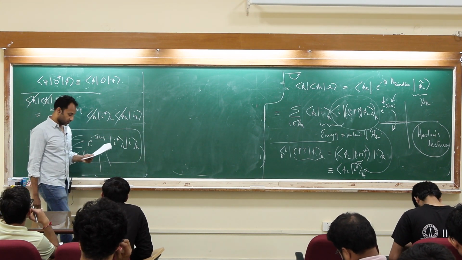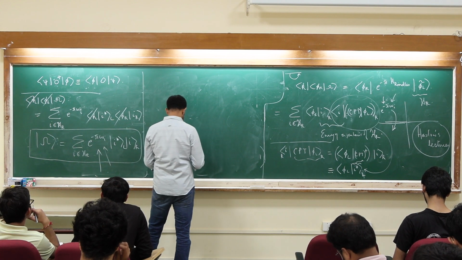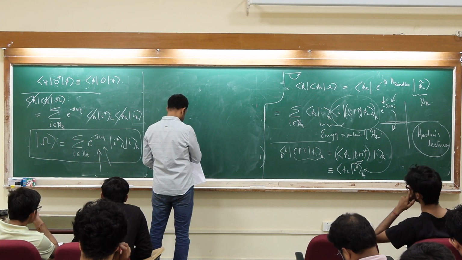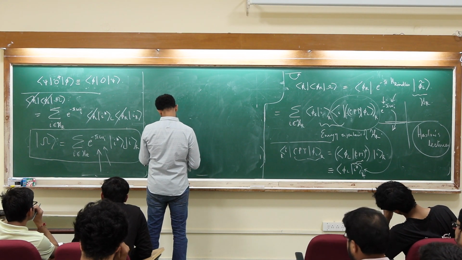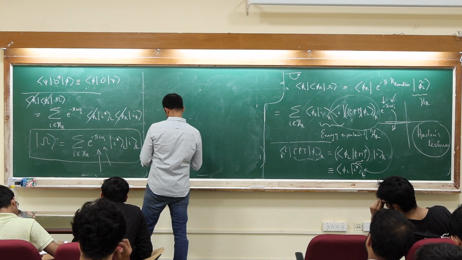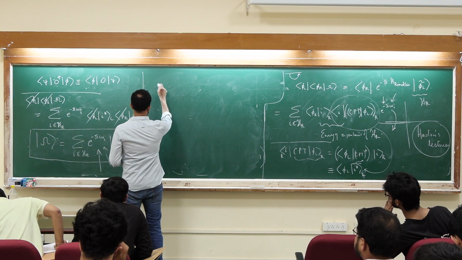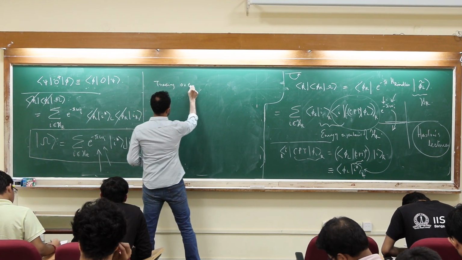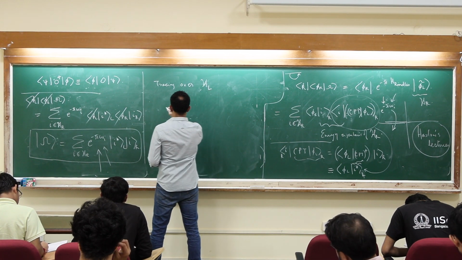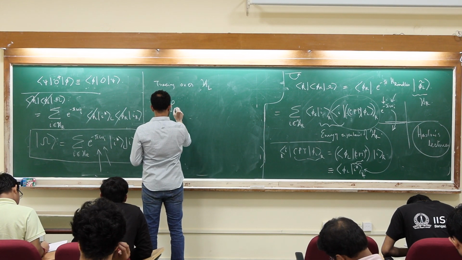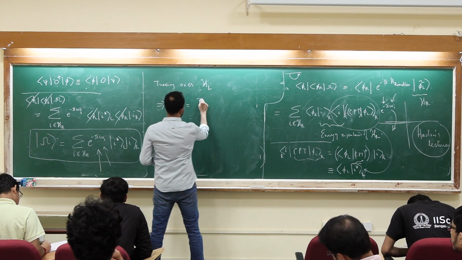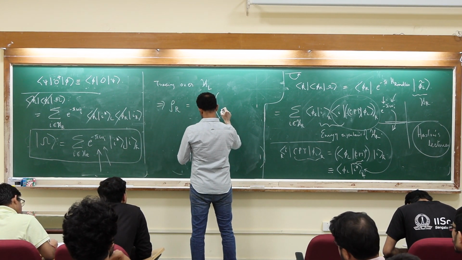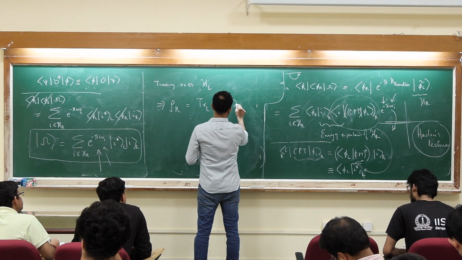So now what I can do is write it this way. Tracing over H_L implies I get a new density matrix, which is the trace over L of this omega.